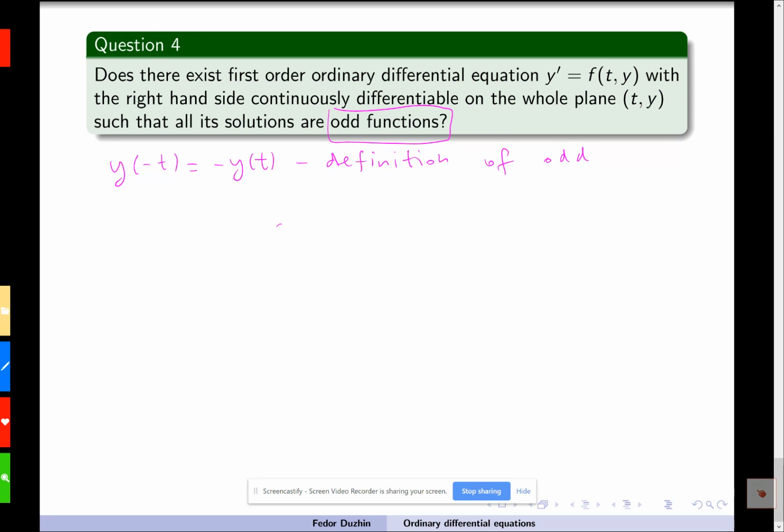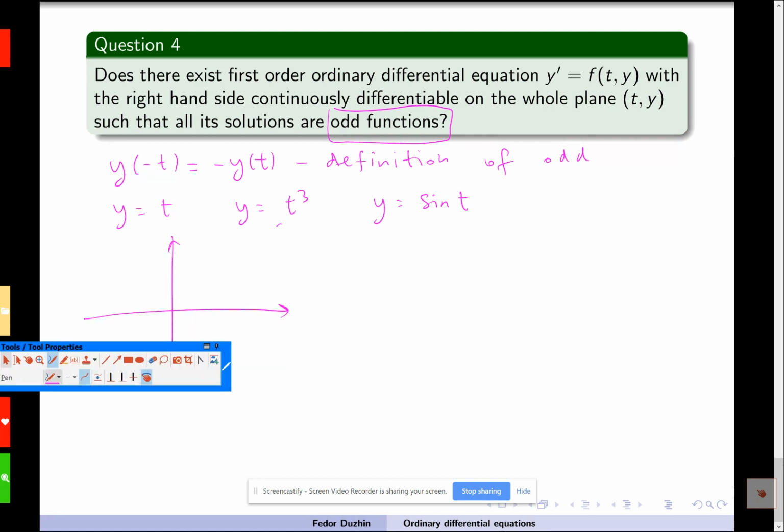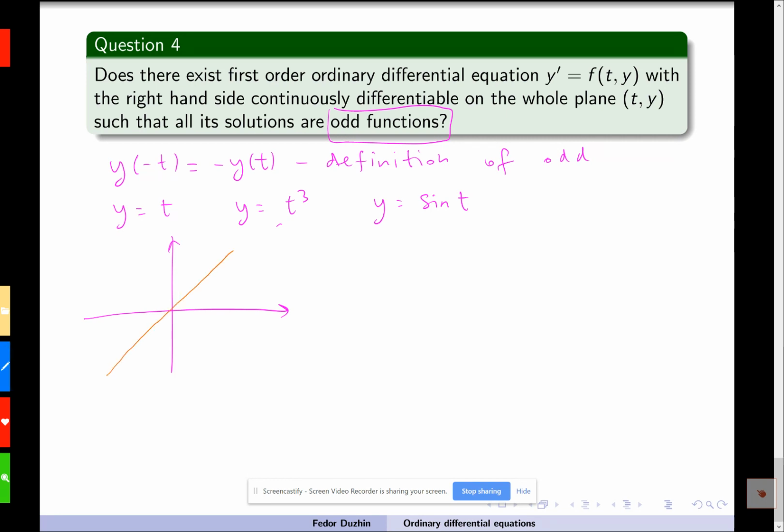Which odd functions do we know? y equals t is an odd function. y equals t cubed is an odd function. y equals sine t is an odd function. So maybe let us try to plot a few odd functions to understand what is going on. y equals t goes like this. y equals t cubed goes like this.